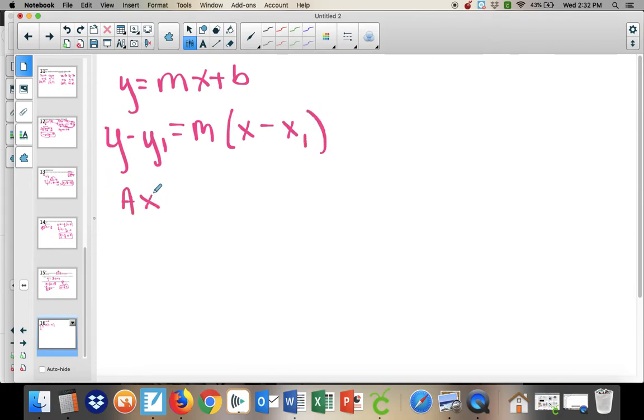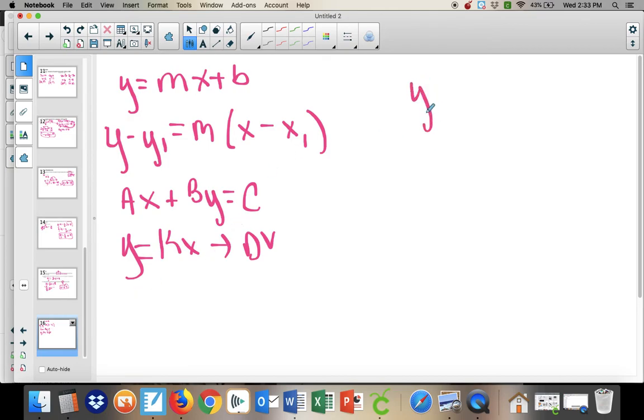Ax plus by equals c. Y equals kx. This is your direct variation. Y2 minus y1 over x2 minus x1. This is your slope.